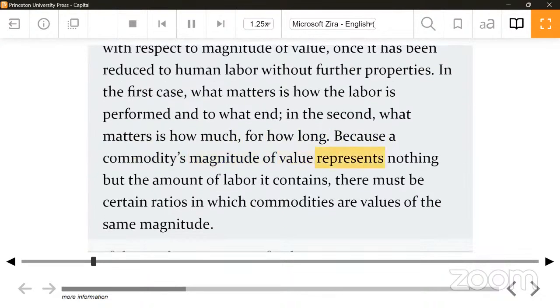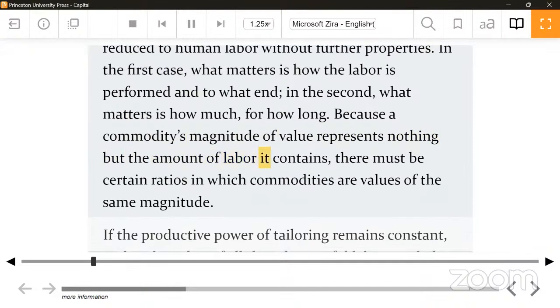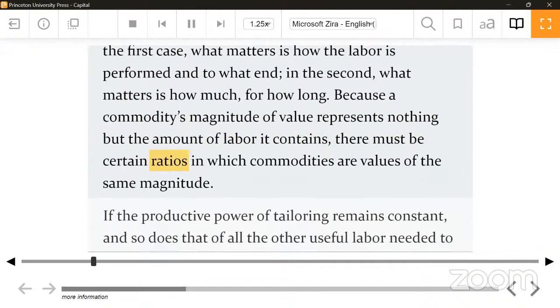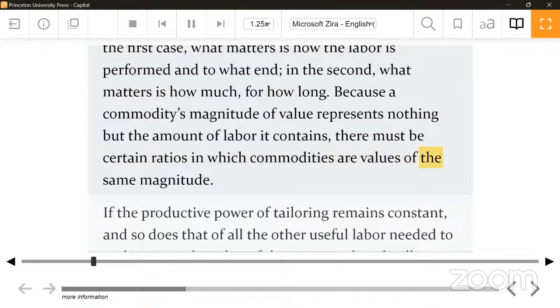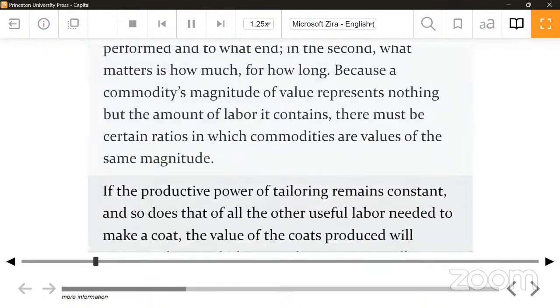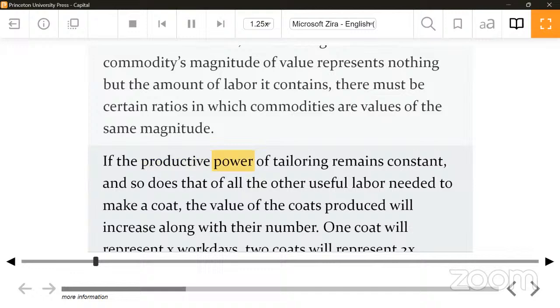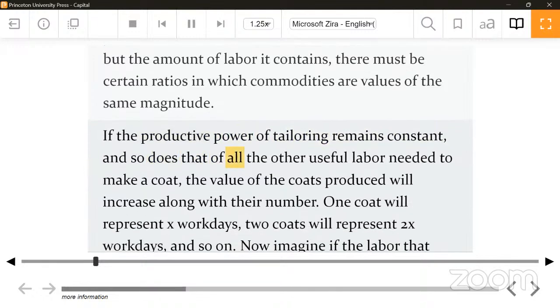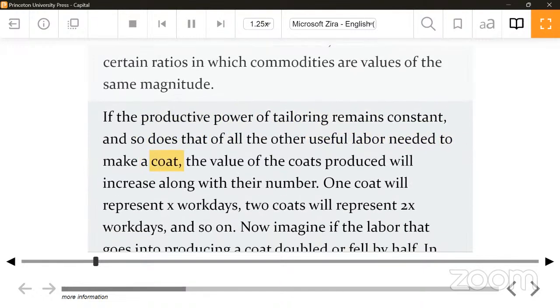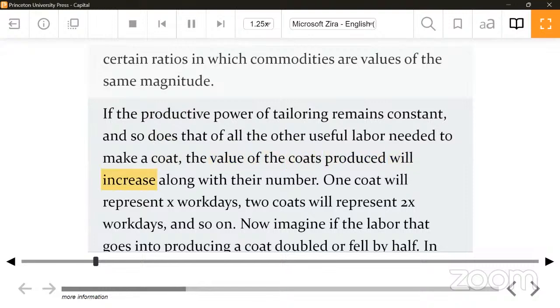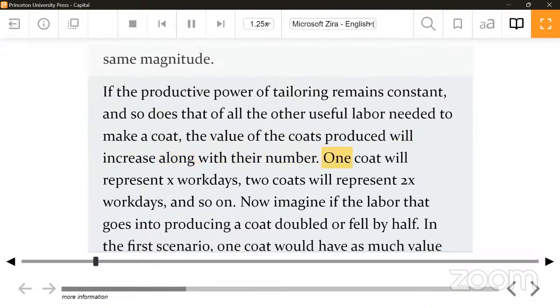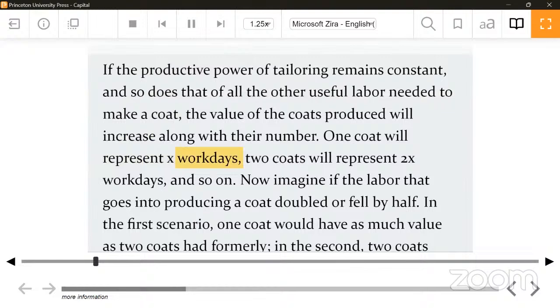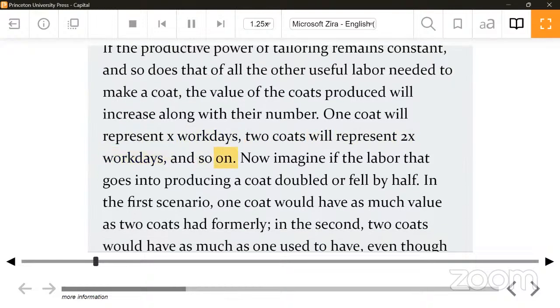Because a commodity's magnitude of value represents nothing but the amount of labor it contains, there must be certain ratios in which commodities are values of the same magnitude. If the productive power of tailoring remains constant, and so does that of all the other useful labor needed to make a coat, the value of the coats produced will increase along with their number. One coat will represent X work days, 2 coats will represent 2X work days, and so on.